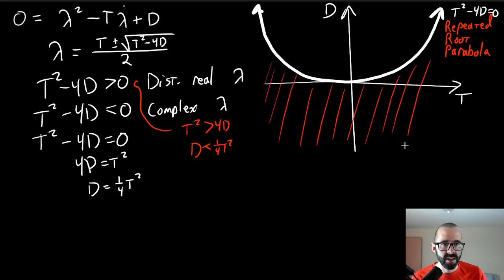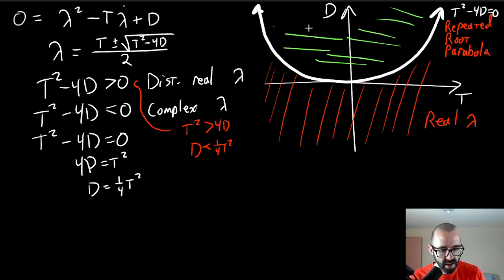So everywhere here, we're going to have real roots. Okay? And then similarly, everything in the other region, this is all going to be complex.